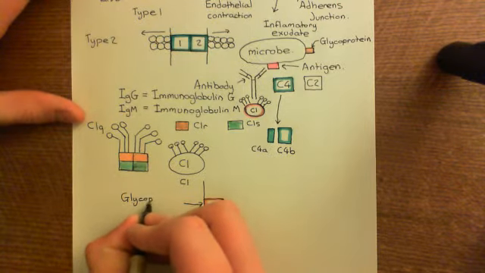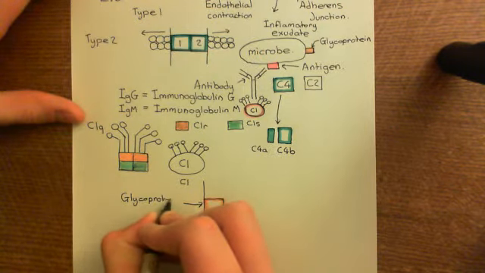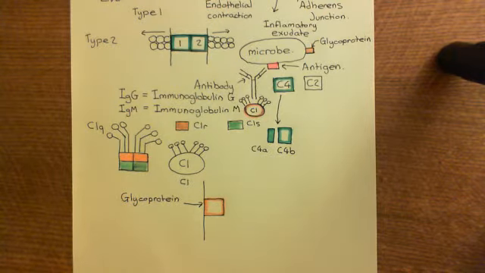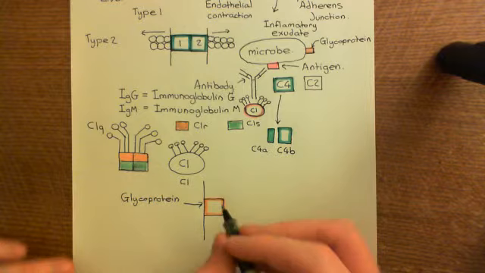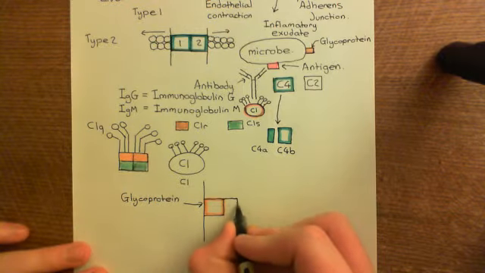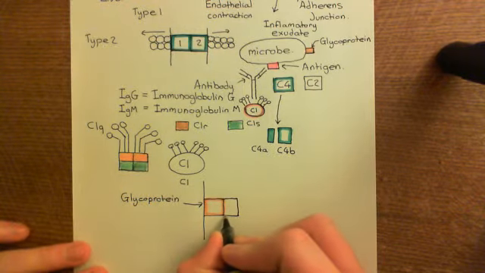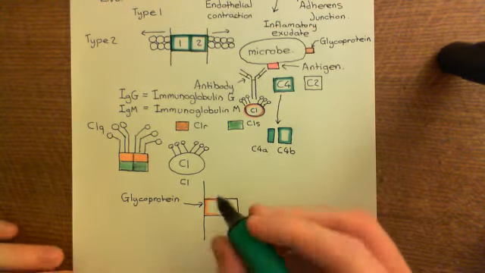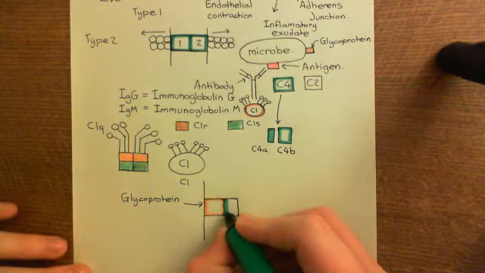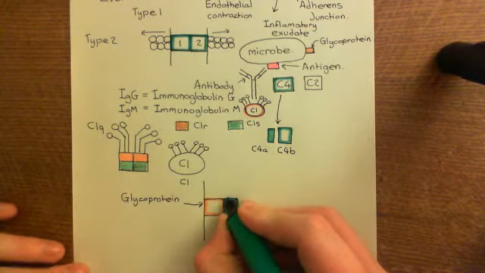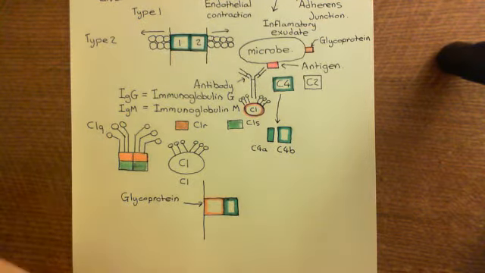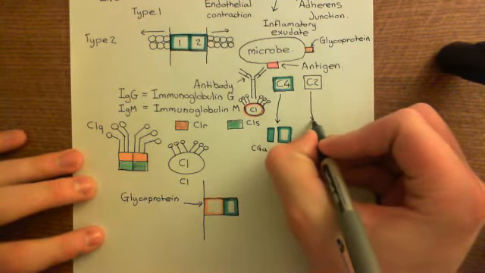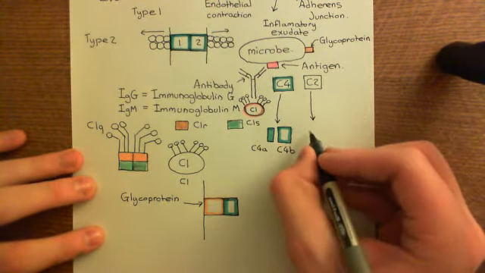Right, so what's going to happen is that once the C1, which is now active, converts C4 into C4a and C4b, the C4b here is going to bind to this glycoprotein. Now, C1 is also going to break down this C2 protein, again into two fragments, and this is where there is an absolutely hideous bit of nomenclature.